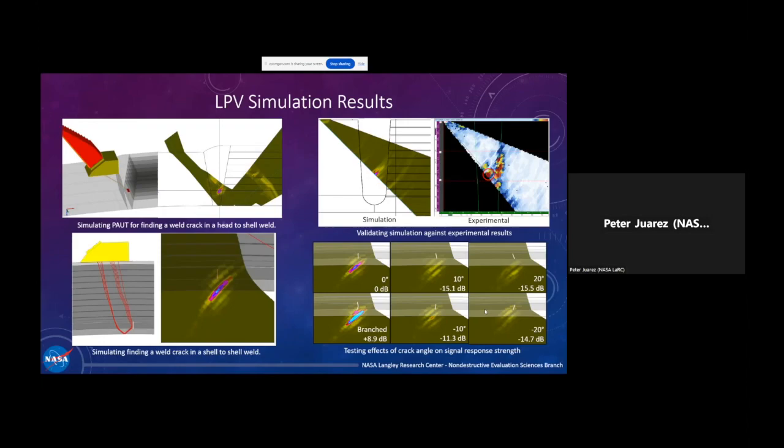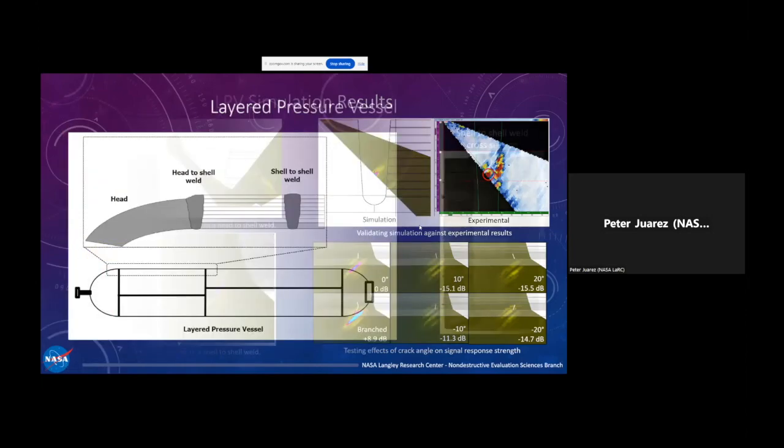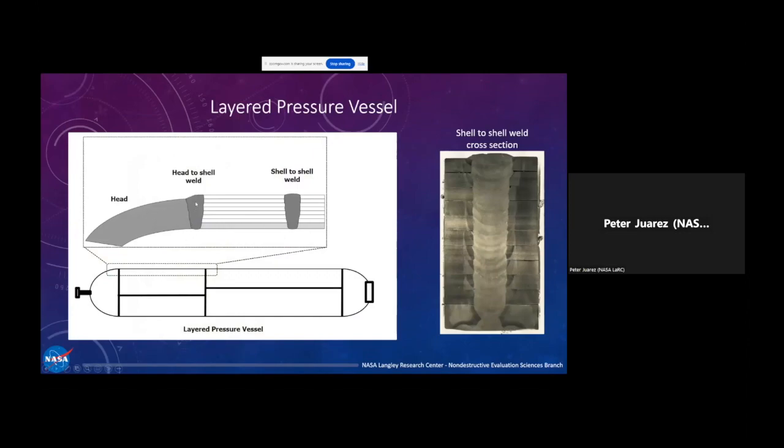And then we went about testing a whole bunch of different configuration techniques and types of settings on your probe, what kind of probe to use, different delay laws, and different orientations of the probe, until we finally narrowed down a set of techniques that would be good for finding defects in this weld. And we had two focus areas. One was the head to shell weld inspection, which is this monolithic one where you do have access to the side, and then the shell to shell weld where you only have access from the top.